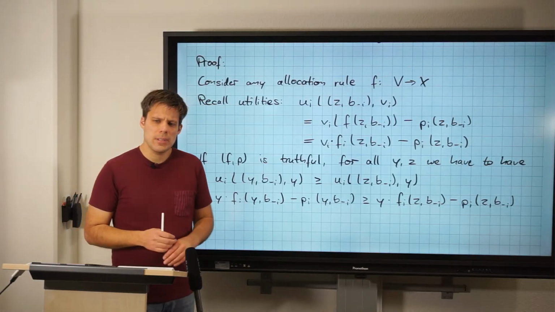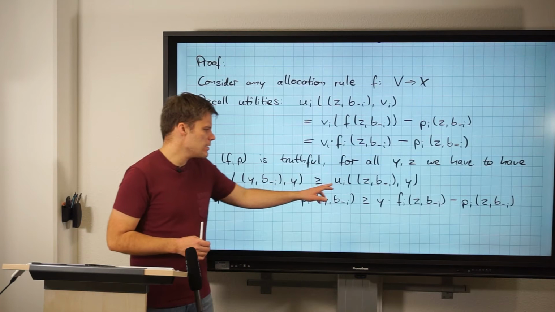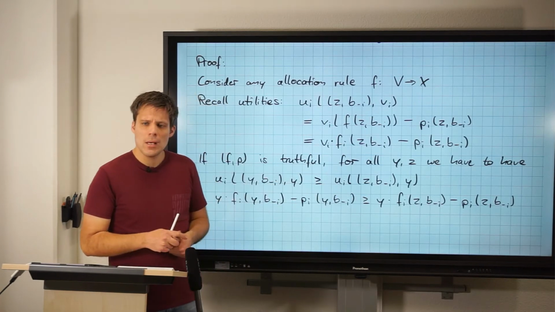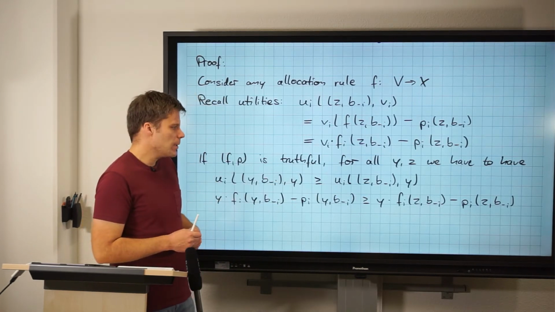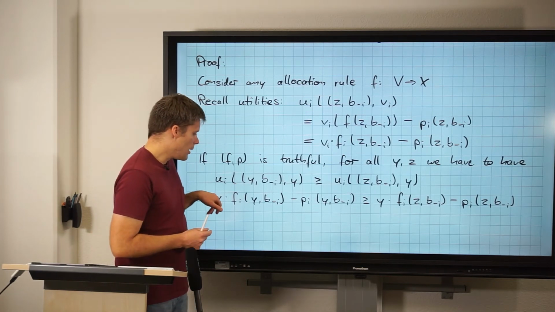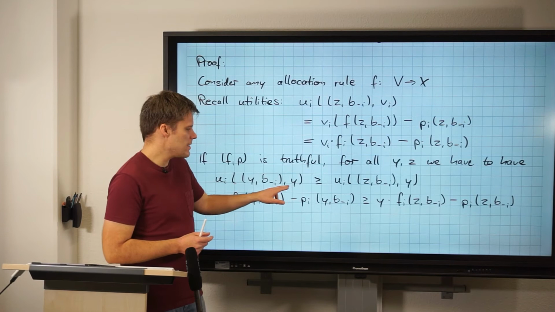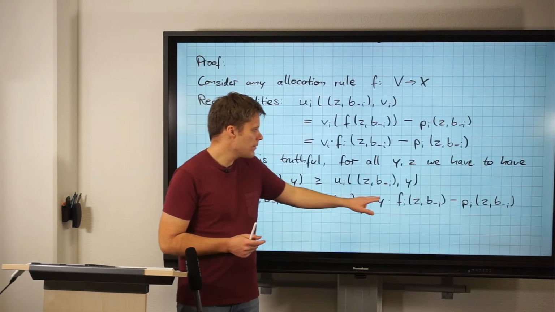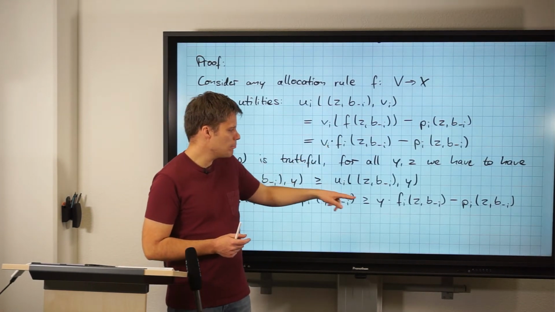This might already be a little confusing. Where do these things come from? I'm often mixing these up, but I think this time I'm getting it right. This y here is this y, so this was our v_i.